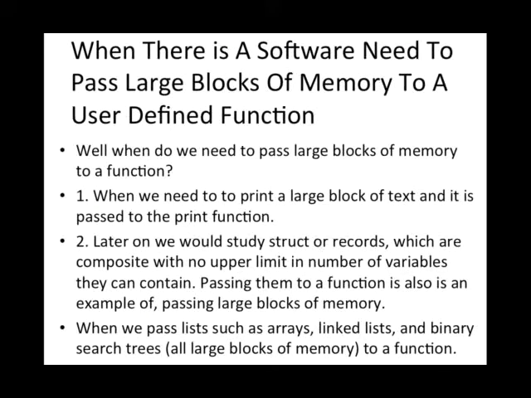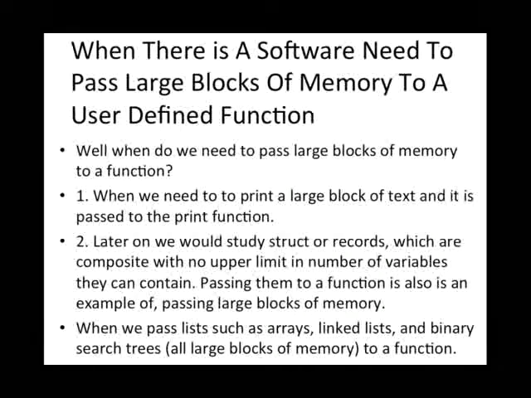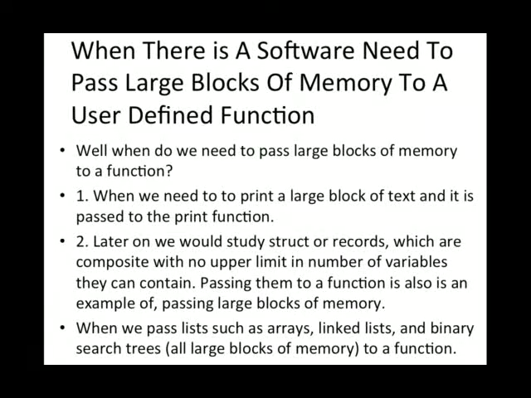They may want to pass the entire text to the print function at once, which will send it to the printer. Well, if you pass by value, during that time, the data source and the print function will each have a copy of the Bible in the RAM, which is a huge memory hog.